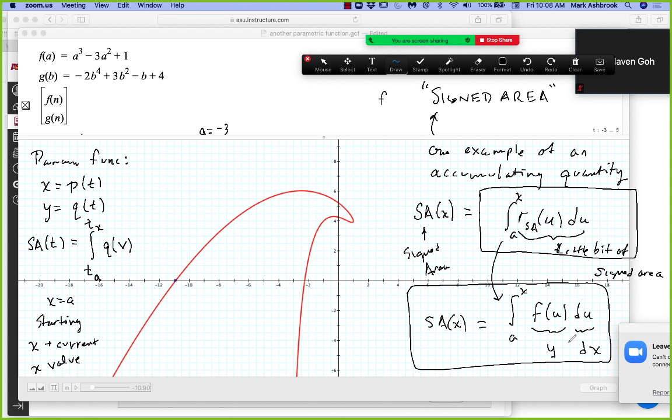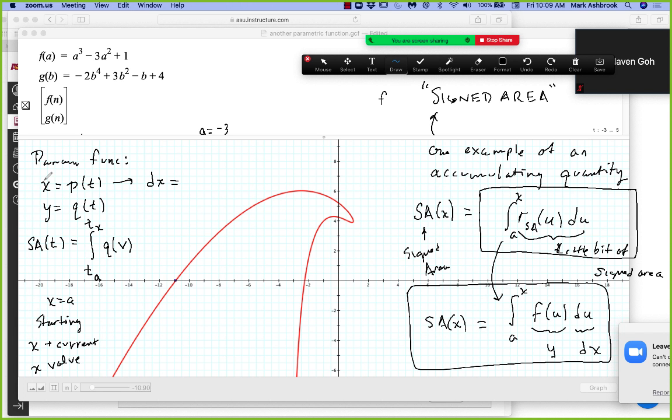So what is that in our parametric function? How do I rewrite dx? Would that be dv? Okay, kind of. The rate times dv. Okay, so let's start in terms of t here. Both of you are very good.